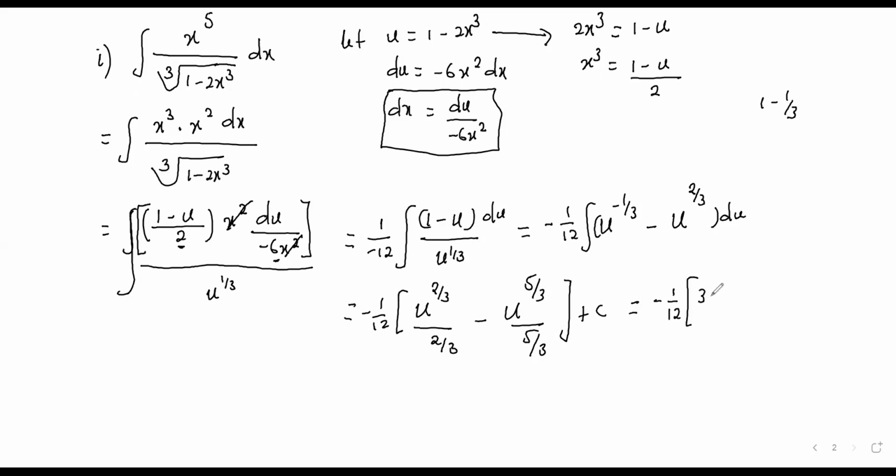We can write this as 3 over 2 multiplied by (1 minus 2x^3) to the power 2/3, minus 3 over 5 times (1 minus 2x^3) to the power 5/3. That plus c. That becomes our integral.